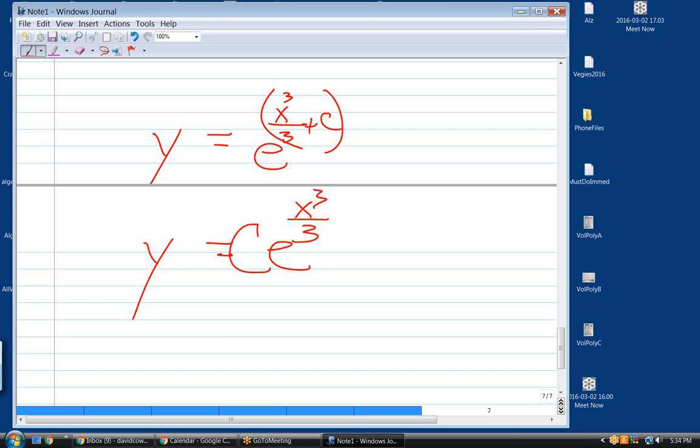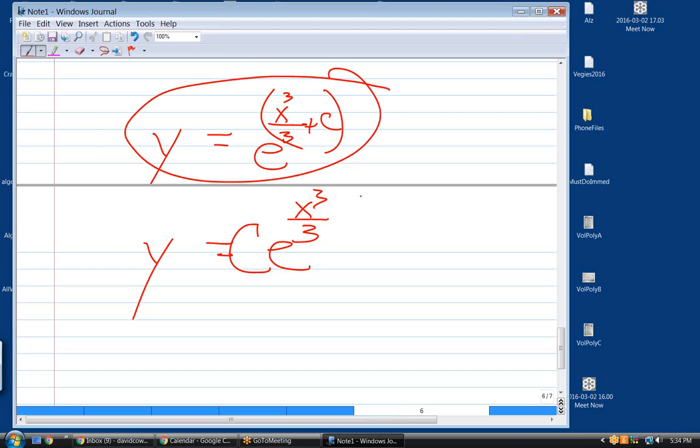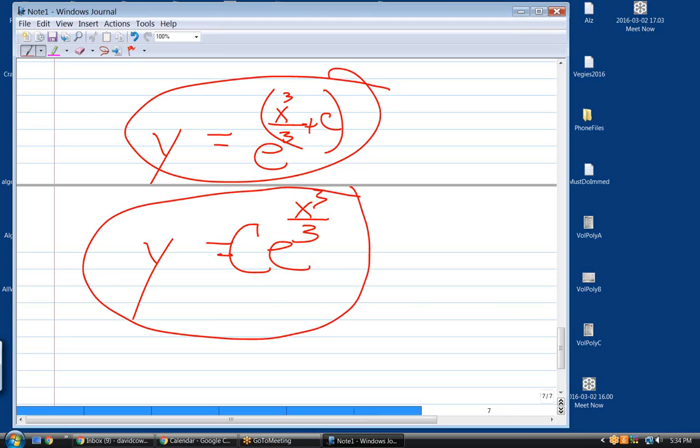Specifically on this problem, where you end up with the natural log of y on one side and something plus c on the other, this turns into this. And that's actually fairly critical because it matters a lot whether c is a multiplier or c is being added. It's not this plus c.